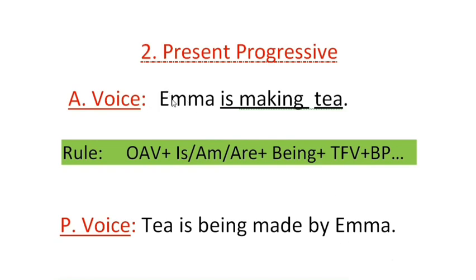So active voice is Emma is making tea, and passive is tea is being made by Emma. Tea is OAV, is used, then being, then TFV made. Make is the first form of the verb, made is the third form. Then comes BP, by Emma. This is present progressive form in passive voice.